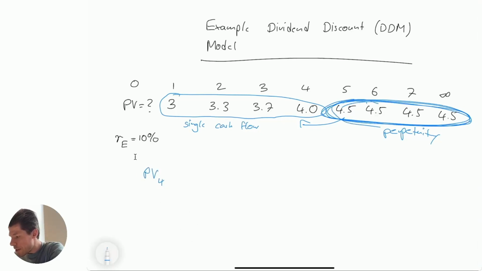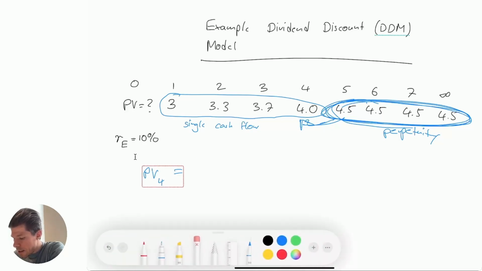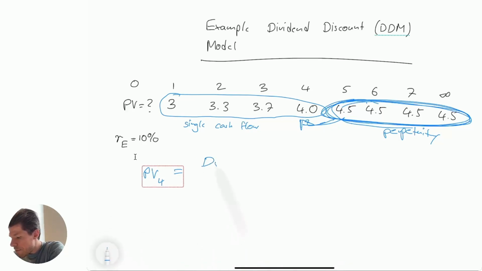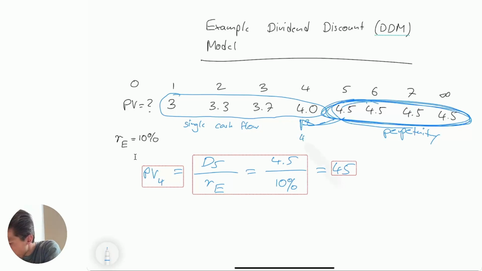We discount this one to year 4, which equals the dividend in year 5 divided by RE, equals 4.5 divided by 10%, equals 45. So we have a value here of 45.